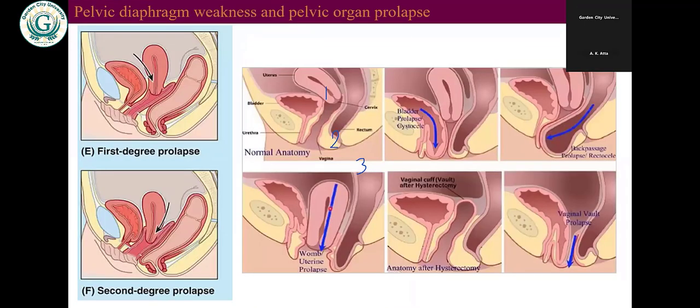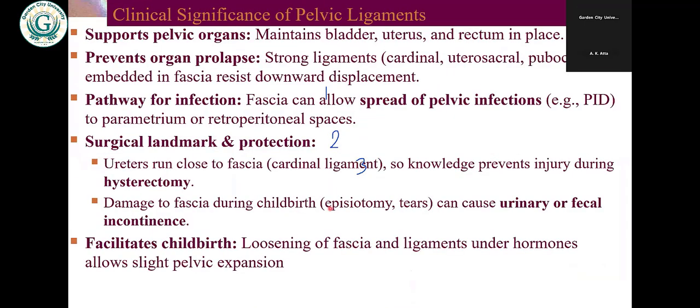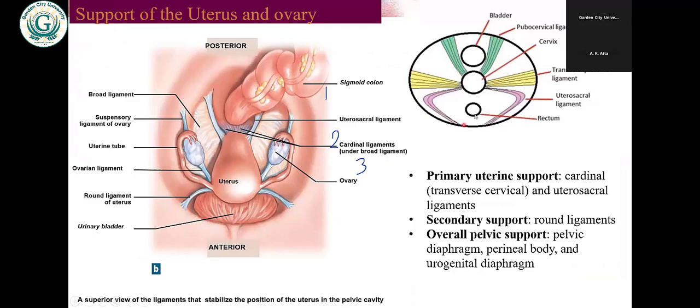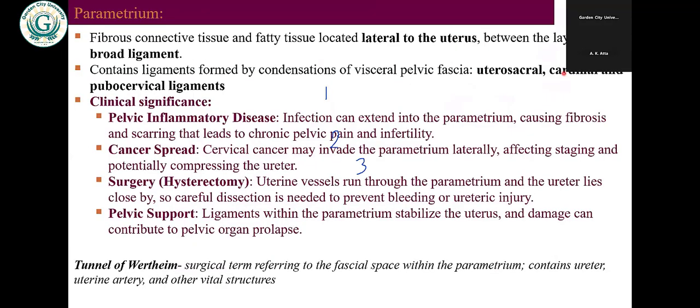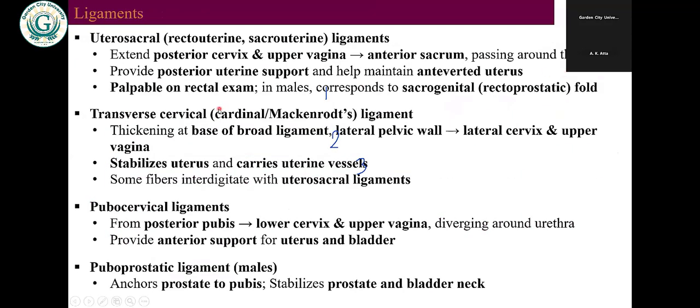So let's say there's a cervix. The cervix and upper part of the vagina have ligaments from here laterally, the transverse cervical ligament. The transverse cervical ligament has several names. We also call it the cardinal ligament, or the Mackenrodt ligament.